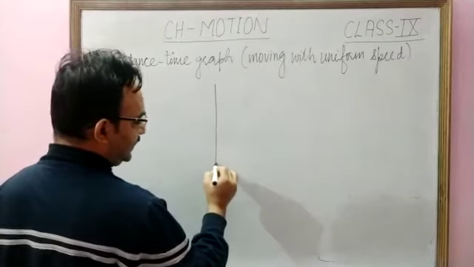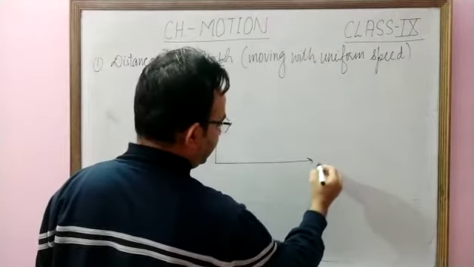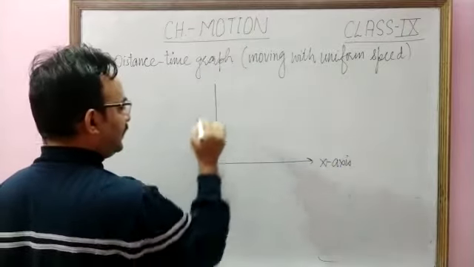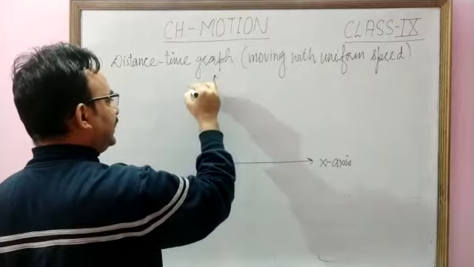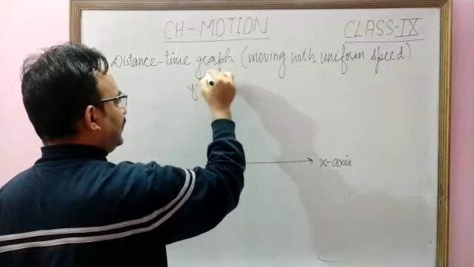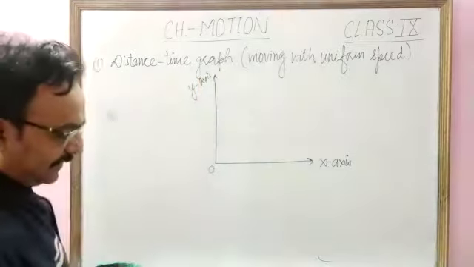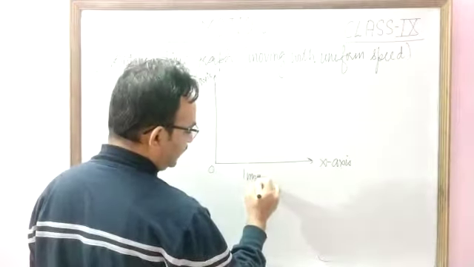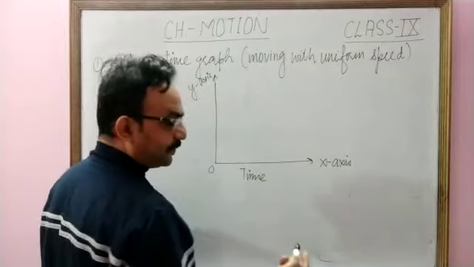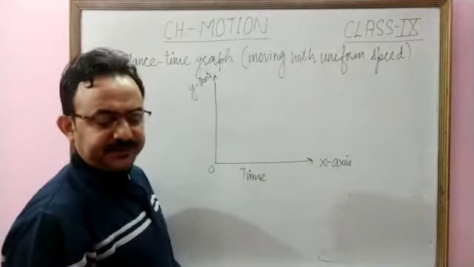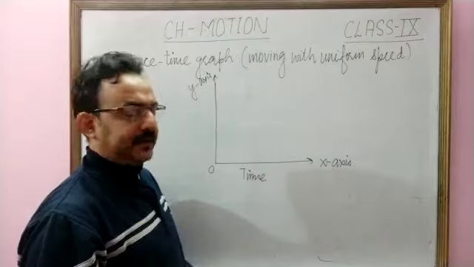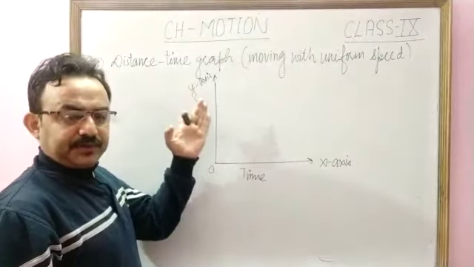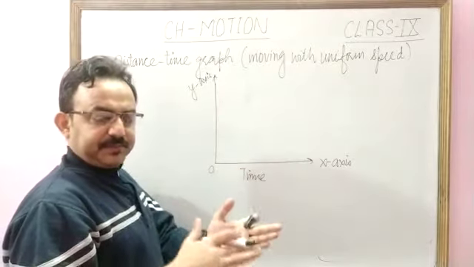These are the two axes here: the x-axis and the second one is the y-axis. As we know, time is the independent variable. Whatever the condition is, if they have given time in hours, then definitely the distance will be in kilometers, otherwise it may be in meters per second.